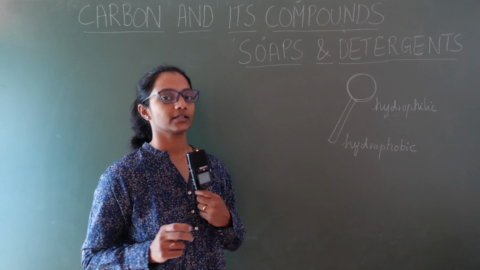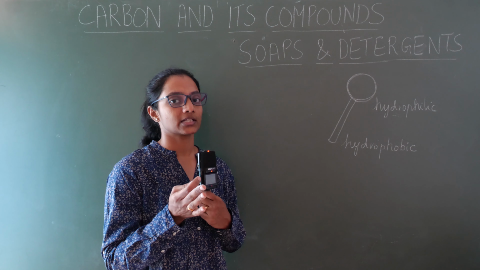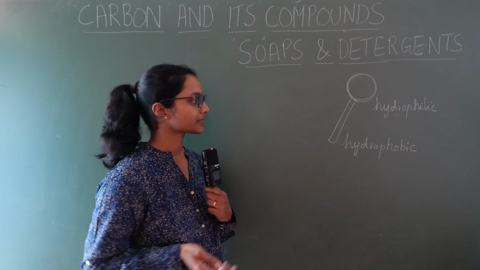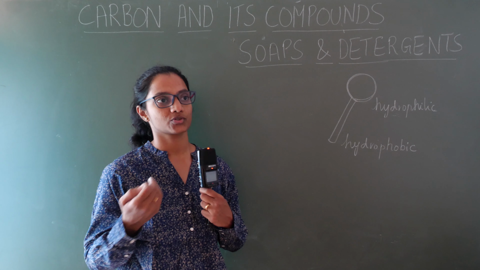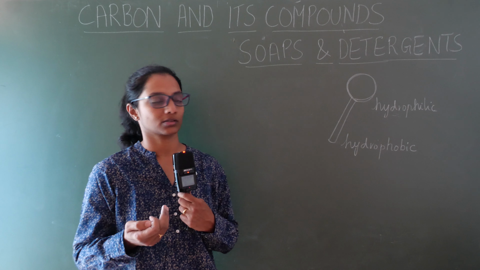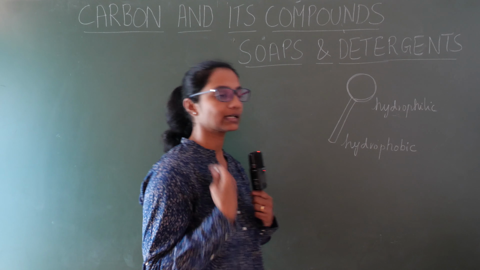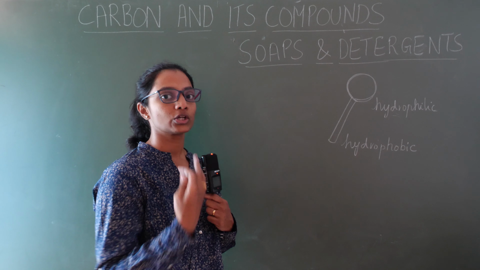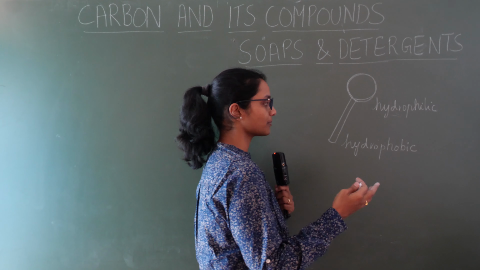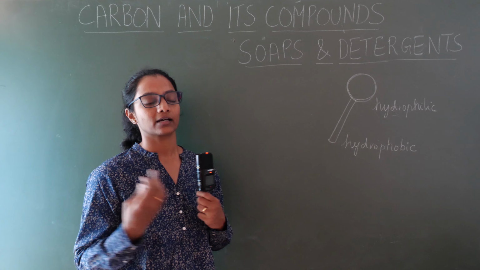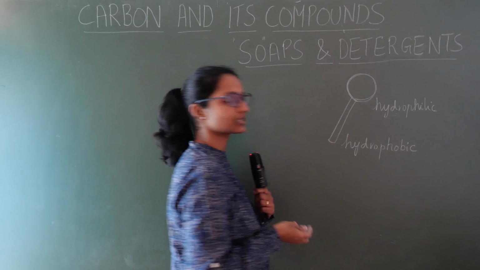Hydrophilic is having a tendency towards water, a tendency to bond with water, and hydrophobic is repelling, so it doesn't get attracted towards water. So it's just the opposite. Hydrophilic is attracted towards water, and hydrophobic is repelled from water. So these two ends are opposite, right?